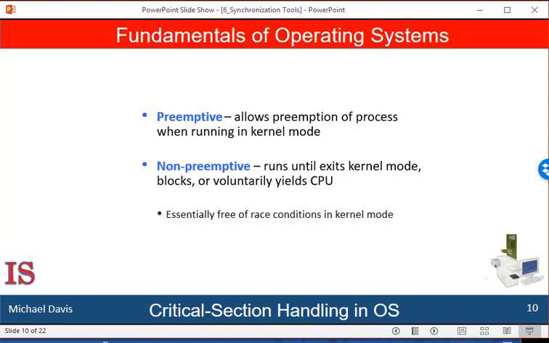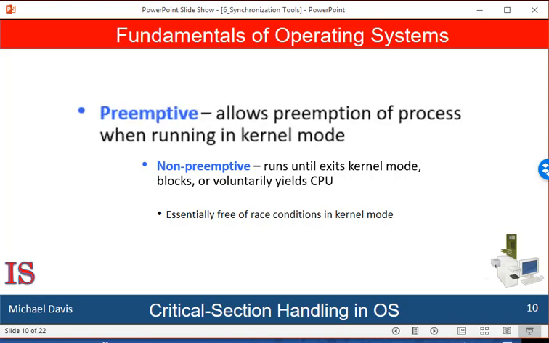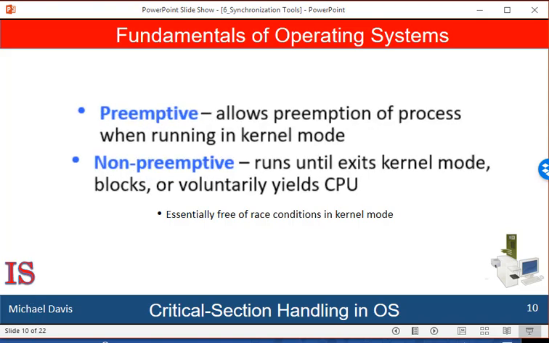Unfortunately, this solution is not as feasible in a multiprocessor environment. Disabling interrupts on a multiprocessor can be time-consuming since the message is passed to all processors. This message passing delays entry into each critical section and the system efficiency goes down. Two general approaches are used to handle critical sections in operating systems: preemptive kernels and non-preemptive kernels.